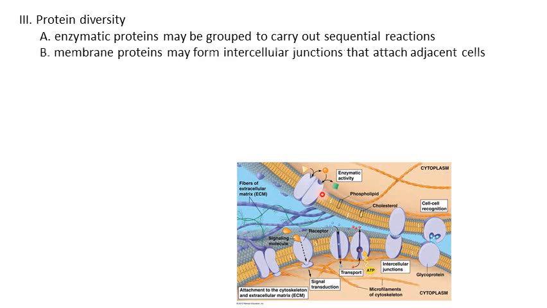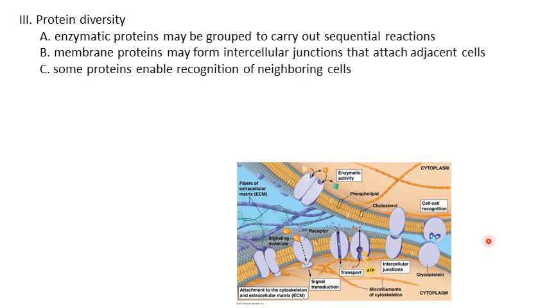We've also pointed out that some membranes will form these intercellular junctions that help hold neighboring cells together. We've also noted that glycoproteins are kind of self-identifying. They're like an ID for a cell, saying this is a self cell, not a foreign cell. So oftentimes glycoproteins serve as identification tags.